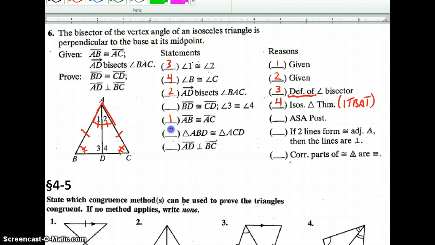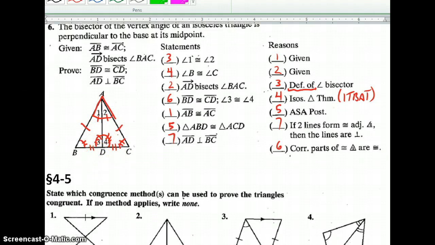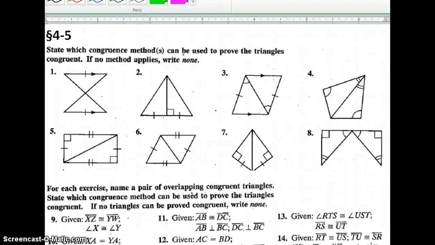Yep, they're already congruent now by ASA, so let's go ahead and say that, because CPCTC here is going to give me a lot of stuff. Namely, it doesn't tell me about perpendicular, but it tells me that BD is congruent to CD, and it tells me angle 3 is congruent to angle 4. Great, those are all CPCTC things. And then there's only one thing left, and it's what we're trying to prove, and it's that annoying step that if two angles are supplementary and adjacent, then they must be perpendicular.